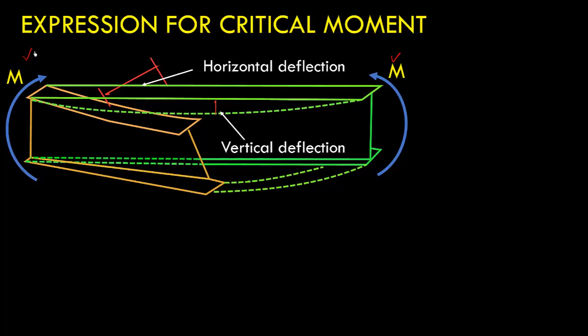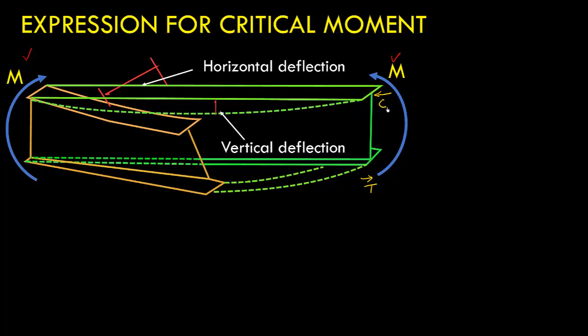If you see this beam under the bending action, the bottom flange will be in tension and the top flange will be in compression. So the whole top flange is under compression. If you remember the compression member, if we apply a compressive force on any slender member, it buckles. So the same phenomenon will also happen in this case.